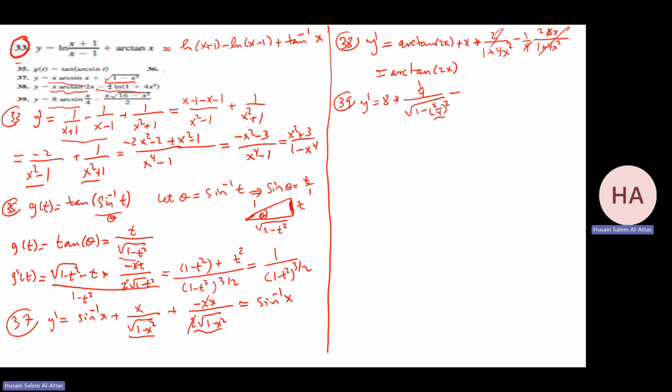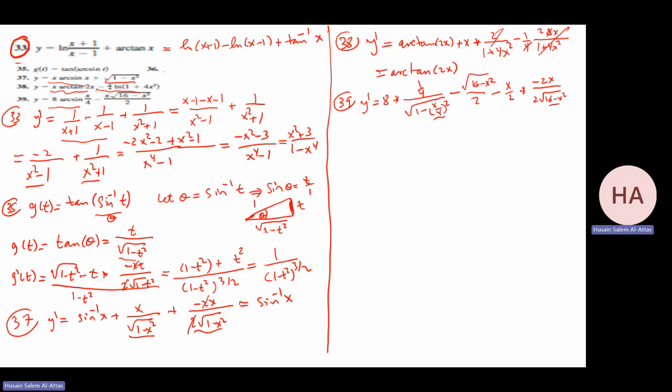I have the derivative of this, it takes the x, so I have square root of 16 minus x squared over 2, times the derivative of x over 2, which is half, minus x over 2 times the derivative of the square root, that will be 2 root 16 minus x squared, times the derivative of this, which is minus 2x.